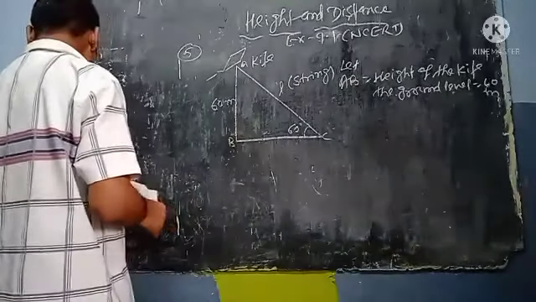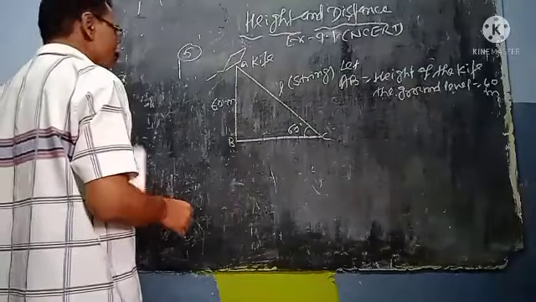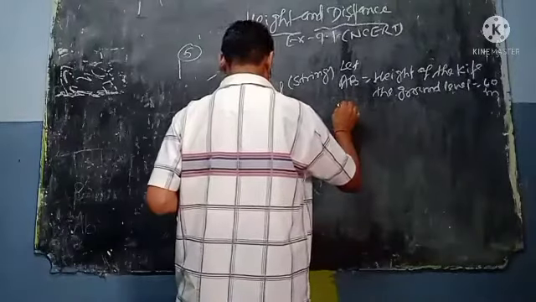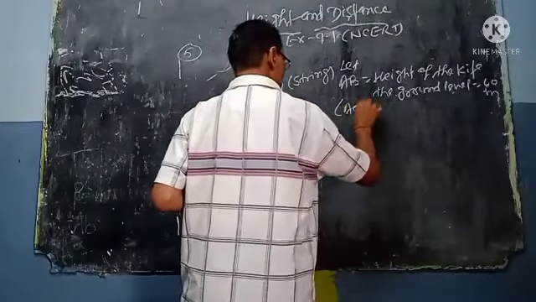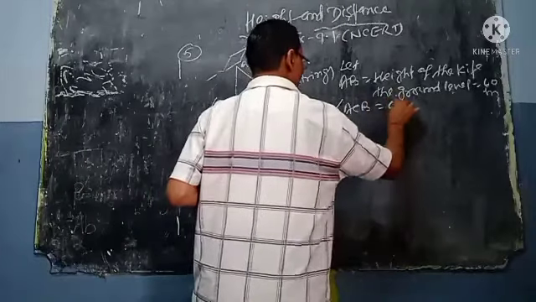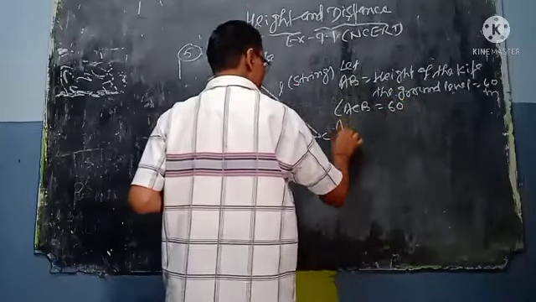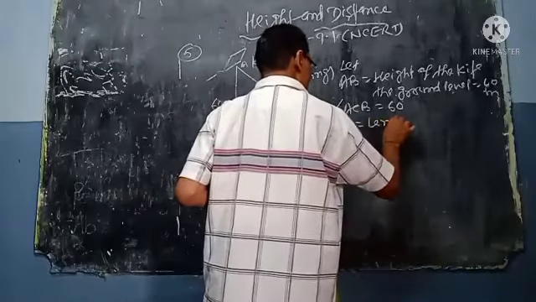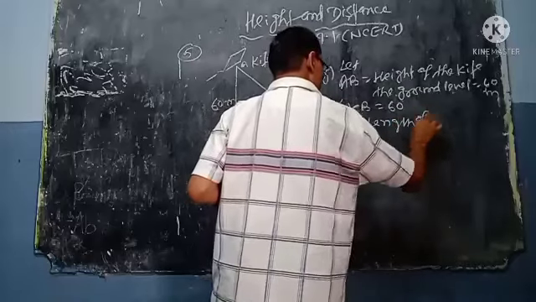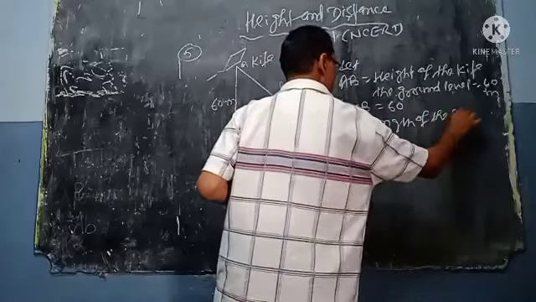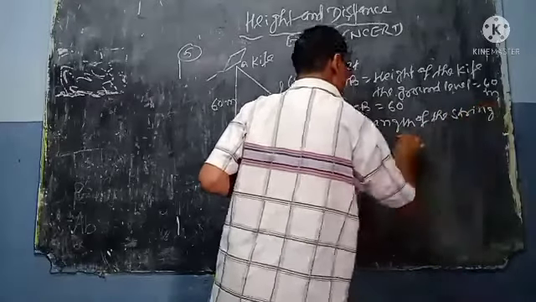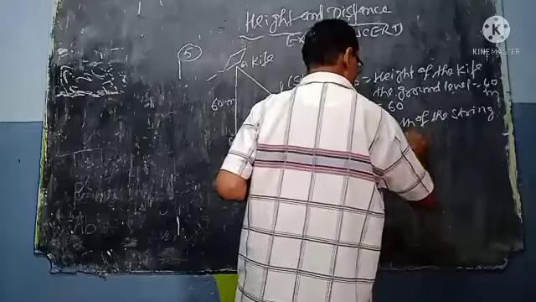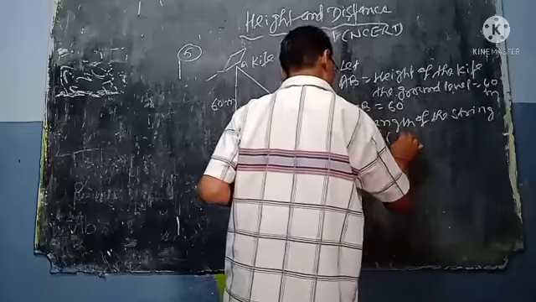Also, the angle of elevation subtended between the ground level and the string is given, angle ACB is 60 degrees, and the length of the string which we are using to fly the kite is what we have to find. So suppose this is equal to L.